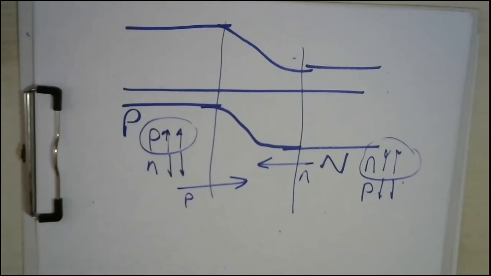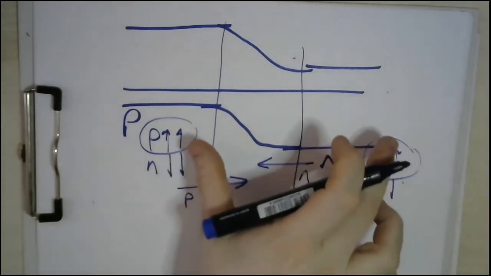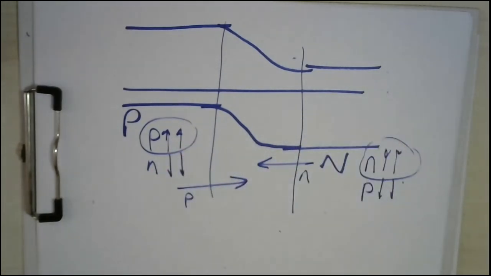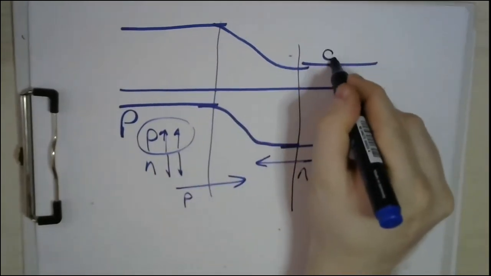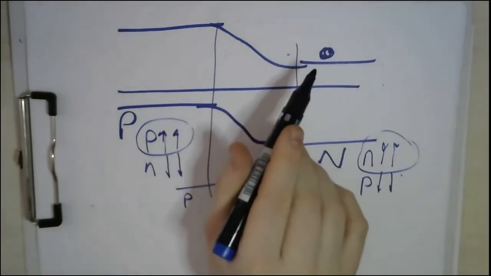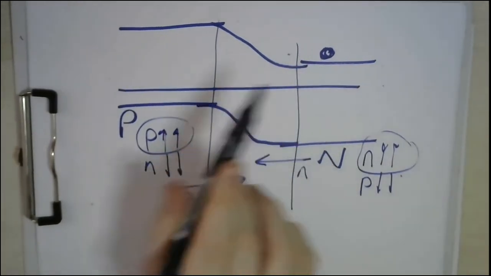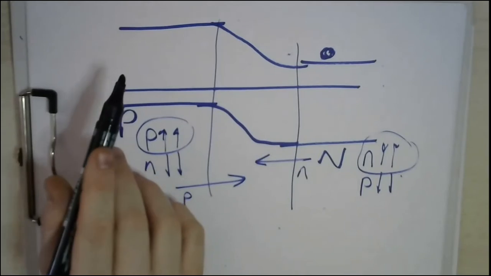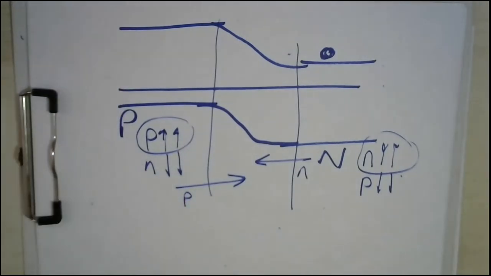But the question is, is this possible given this condition? I mean, now you have an electron here, which is a majority. Is this electron capable of moving to the other side to create current? The answer is no. Why?